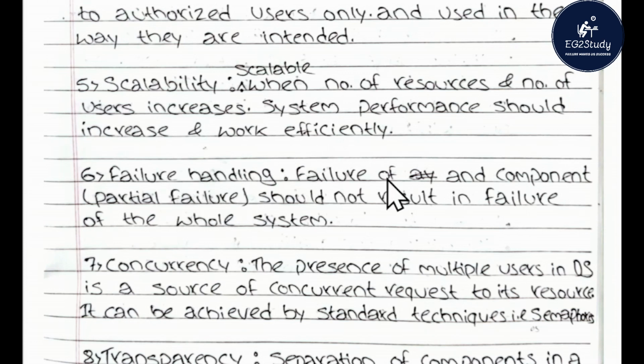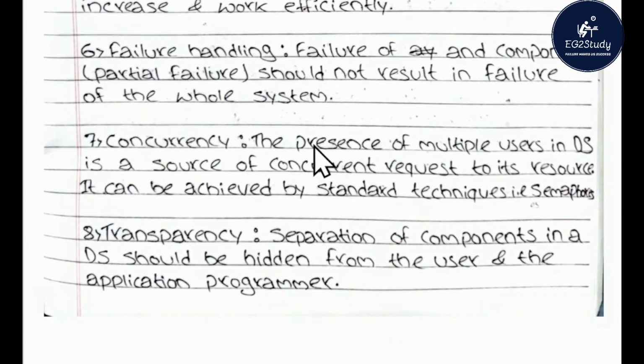Failure handling. Failure of any component, or partial failure, should not result in failure of the whole system. The failure in one system should not affect the whole system. Concurrency. The presence of multiple users in a distributed system is a source of concurrent requests to its resources.